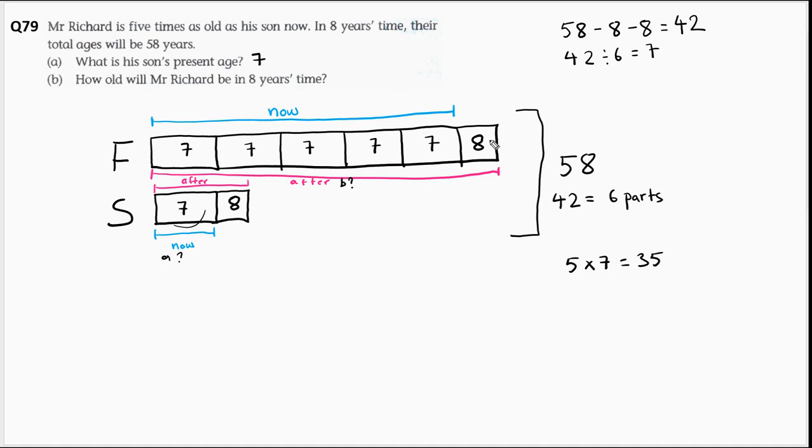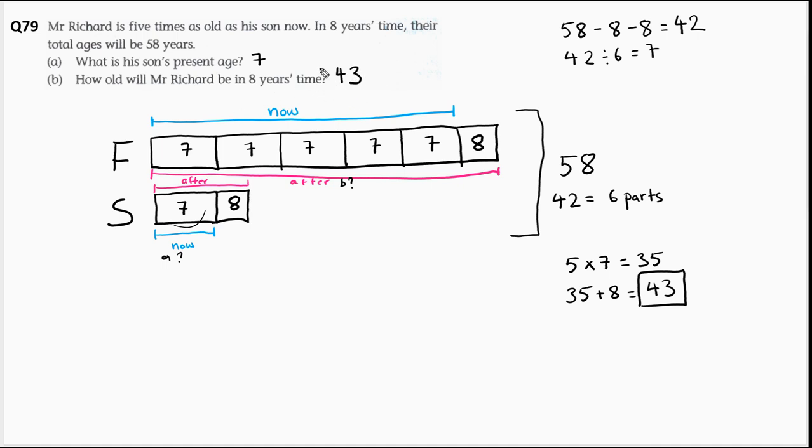And then we need to add the 8. So 35 plus 8 gives us 43. Okay, so this is what the father will be, 43 years old in 8 years' time.